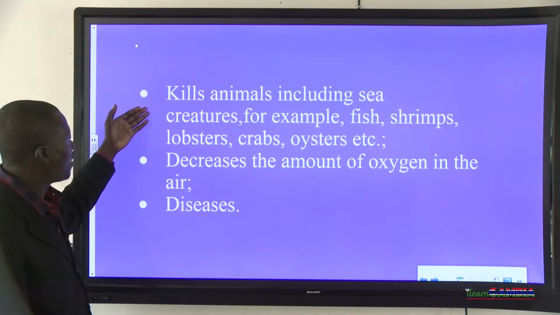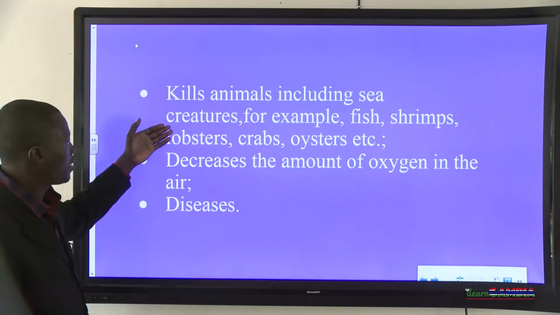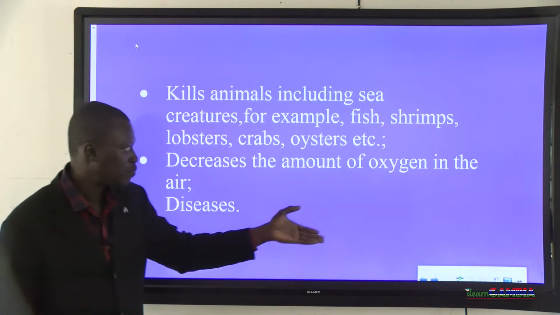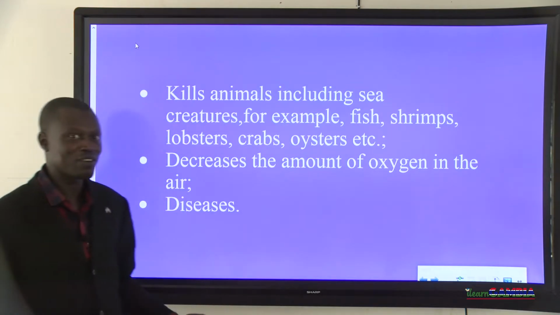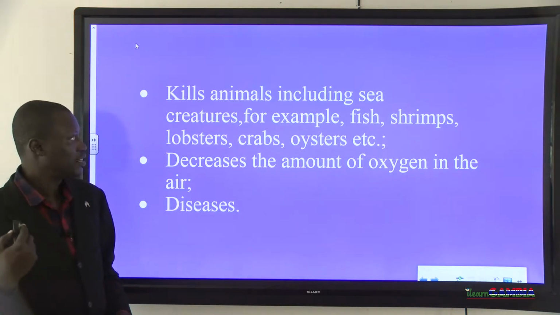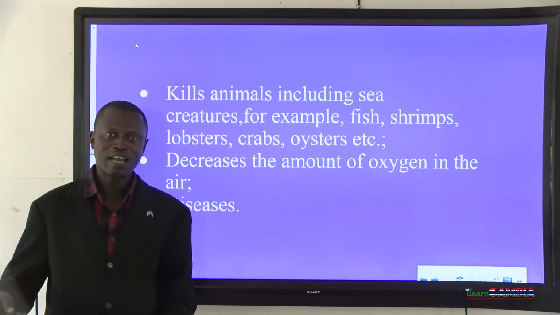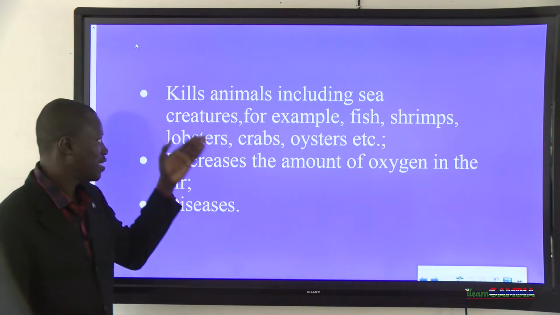Now, another problem is that it kills animals, including sea creatures, for example, fish, shrimps, lobsters, crabs, oysters. And we are seeing these problems happening when you move to the regions of the Atlantic Ocean. Another example still which can be given is Gunjur. Gunjur is a classical example.